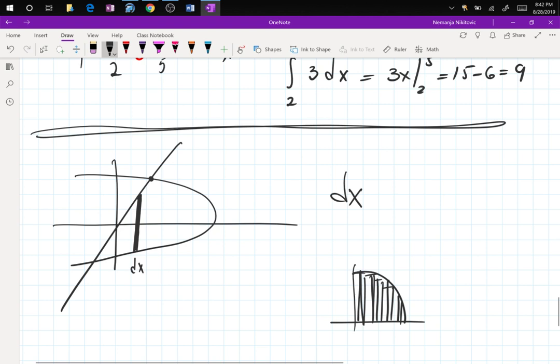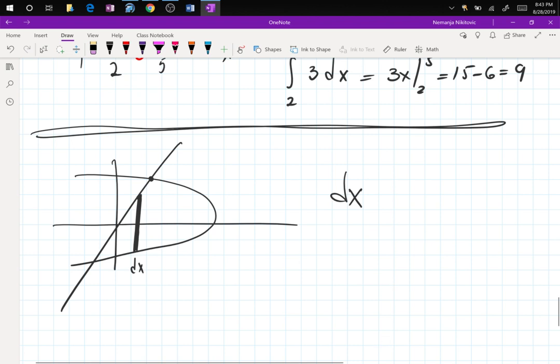Meaning that if you fit infinitely many, infinitely thin rectangles inside, you will have the exact area. Now that infinitely thin rectangle, we call a representative rectangle with the width dx. Very, very thin, infinitely thin.